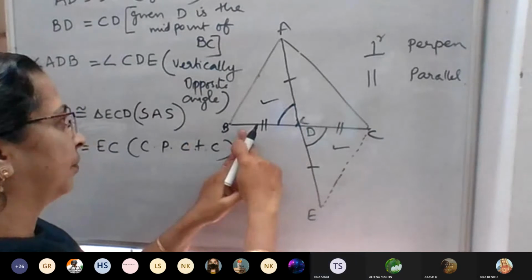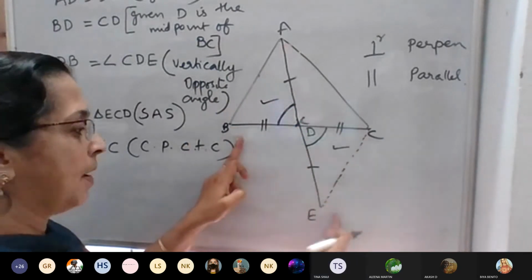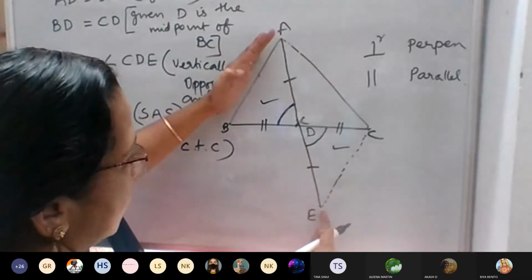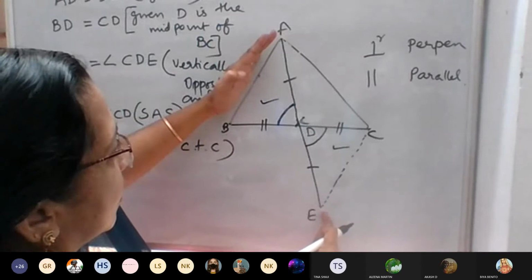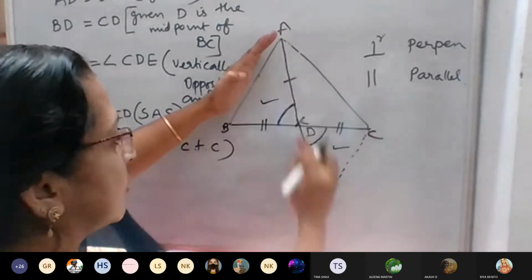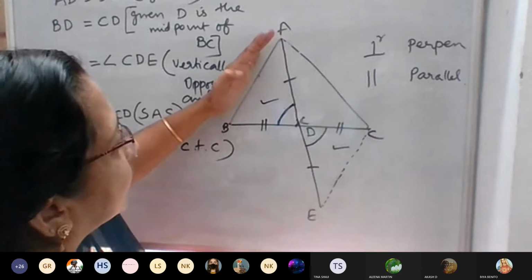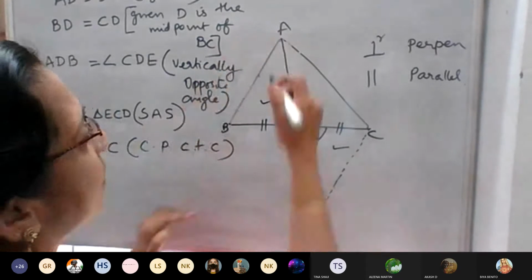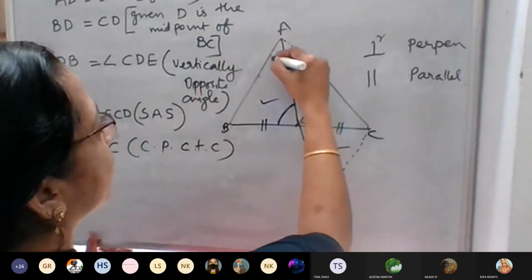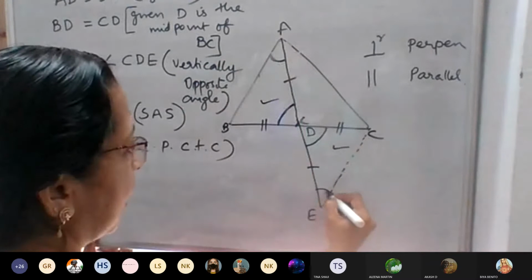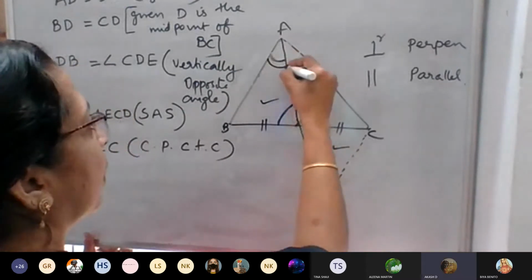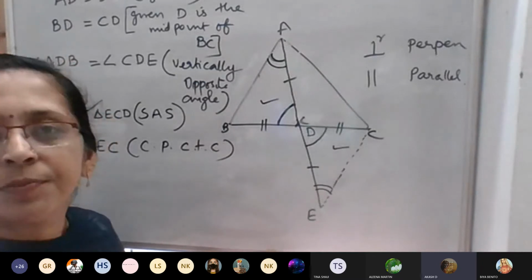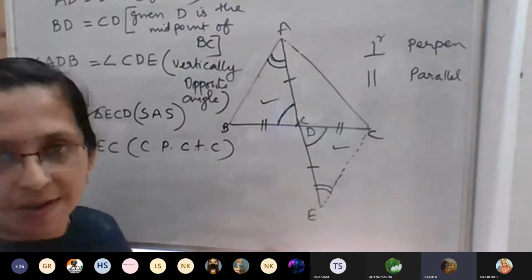Angle BD. Consider AB and EC, these two lines. AE is the transversal. Two lines, one transversal. Can we say this angle is equal to this angle? Yes. How? Because the triangles are congruent, all angles are equal.